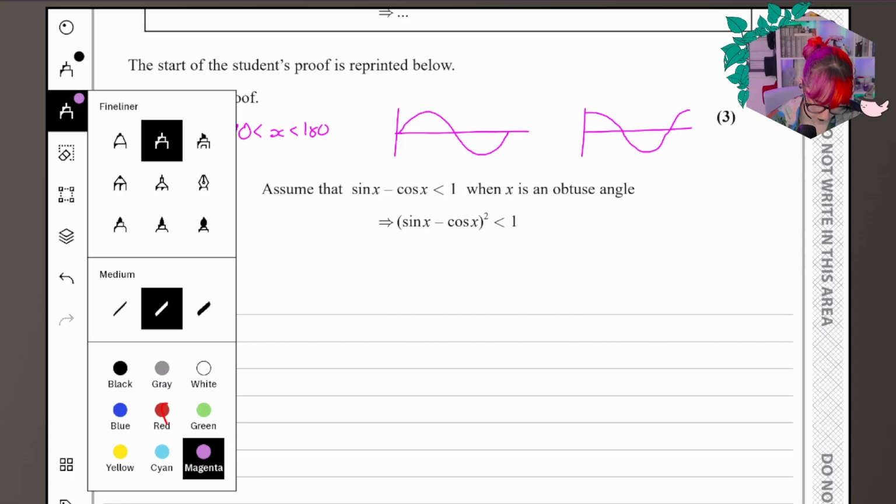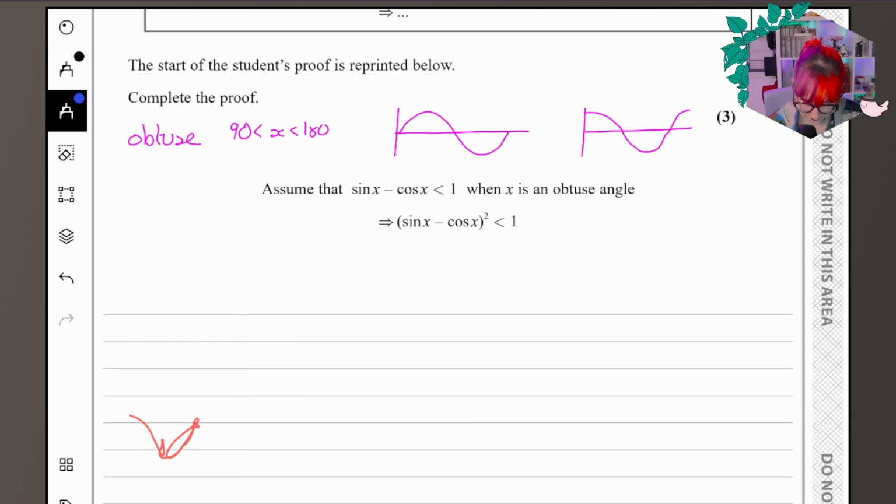Between 90 and 180 is going to be this region here and this region here.